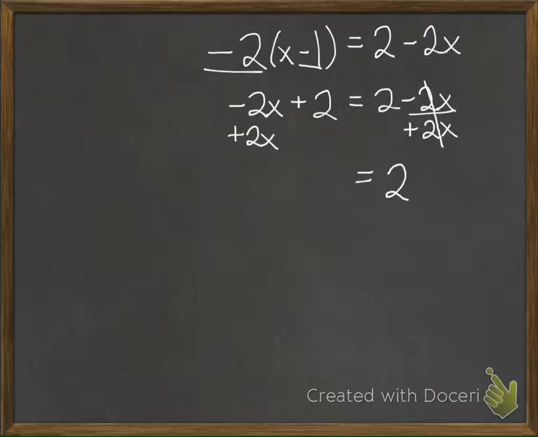And that leaves me with positive 2 over here as well. So now I get the statement 2 equals 2. Well, when does 2 equal 2? Always. So this is another rare example. In this case, the solution set is all real numbers.